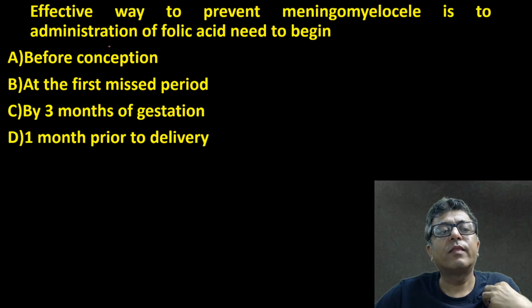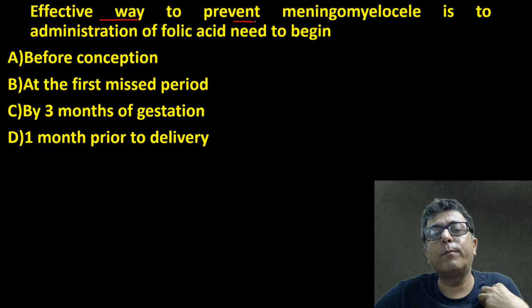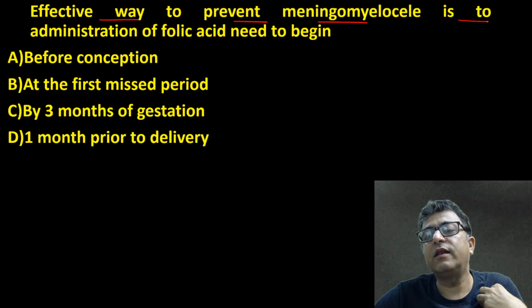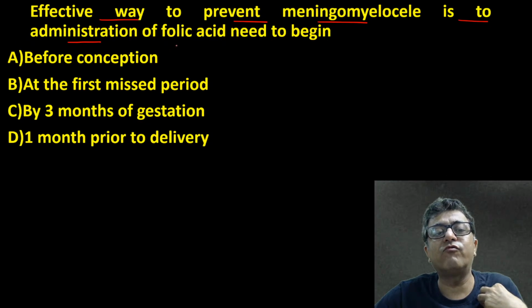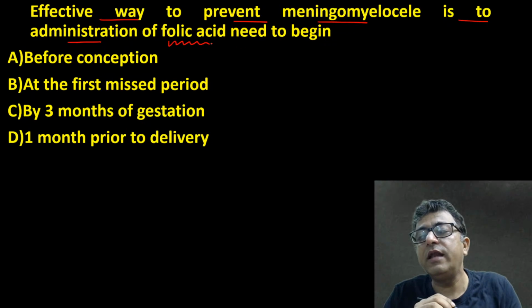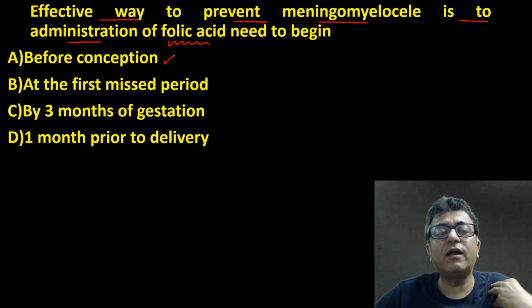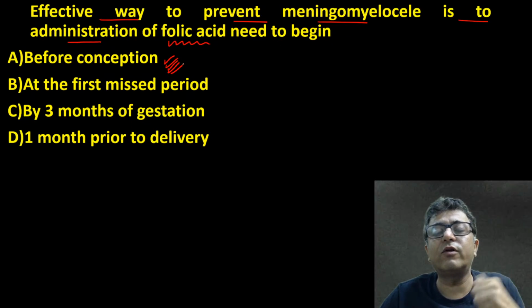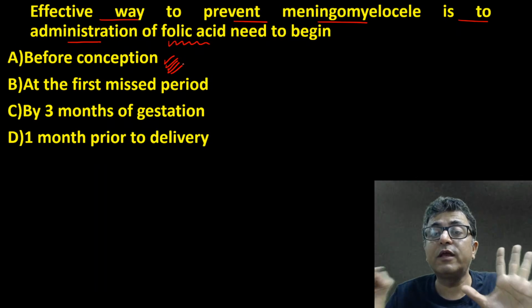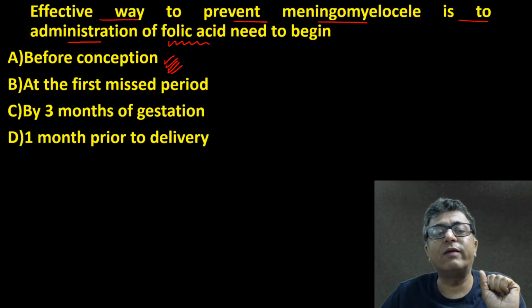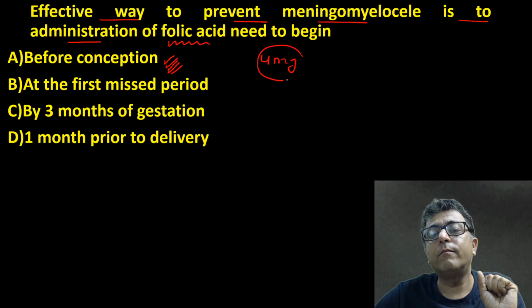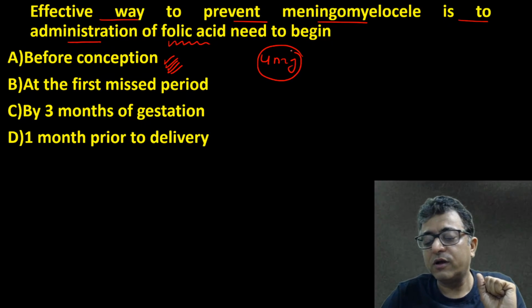Now see, the effective way to prevent meningomyelocele is to administer folic acid. When do you start folic acid? Definitely before conception. So this should be clear. This question was asked 2 times. Folic acid 4 milligram needs to be started 1 month prior to conception.